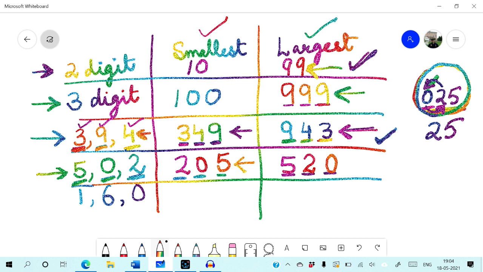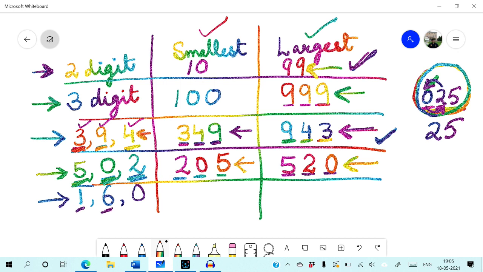The smallest digit is 0, which will come at the ones place. So the largest number using 5, 0 and 2 is 520.